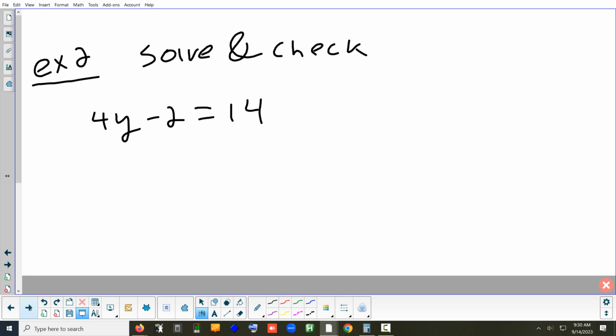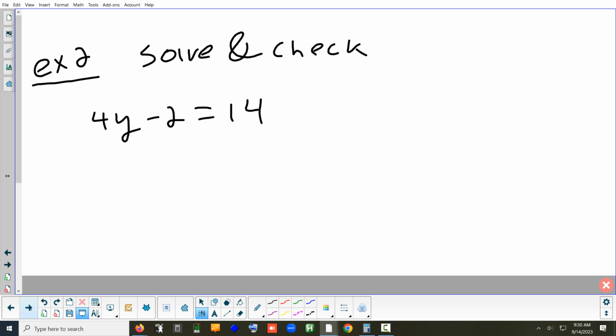What's the first thing that we always look for if you think of that acronym I gave you? Like terms? And that's under the, what do we call that step? Simplify. Yeah. And there's two things under simplify. What's the first one, even if it's not in this problem? Distributive property.